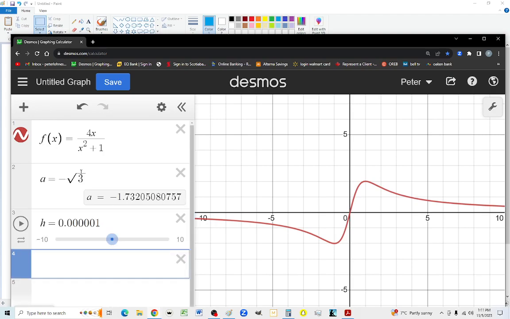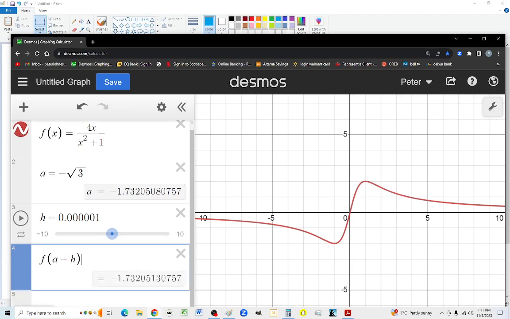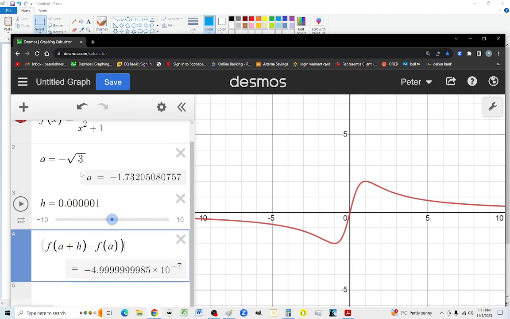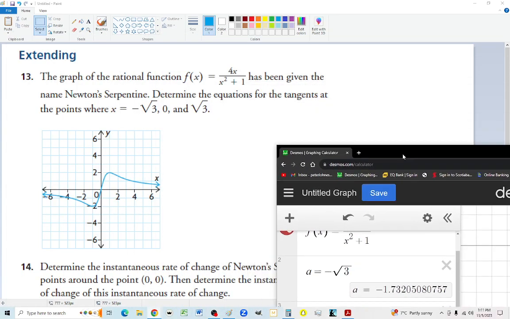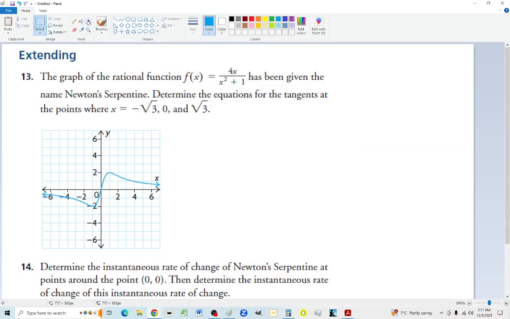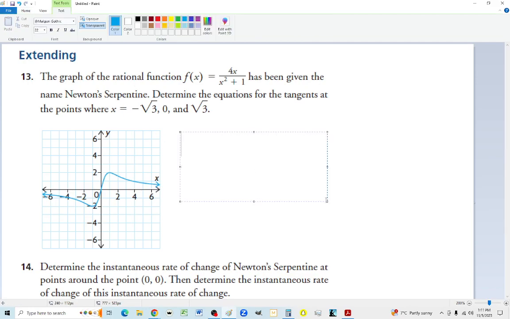We have to make h extra small because our a is quite small. So we do f of a plus h minus f of a, all divided by h. And we get a rate of change that's essentially indicating negative 0.5. So that means the rate of change at negative square root of 3 is equal to negative 0.5, whatever units, unit per unit.